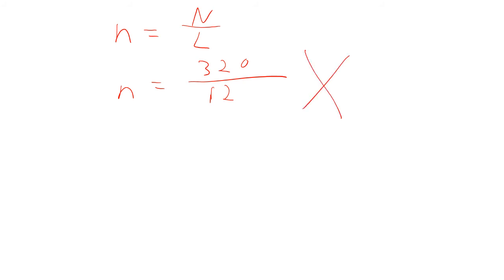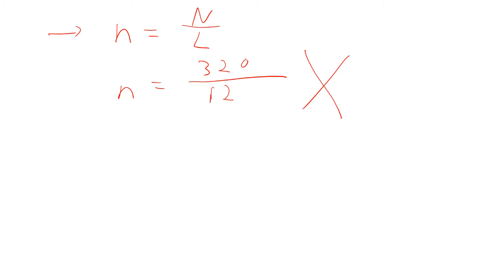All we have to do is figure this out. First step is n. n is the number of turns over the length. You would think this is going to be the number of turns, 320, divided by 12. So what's wrong with that? Because that's not right. This is going to be in turns per length.